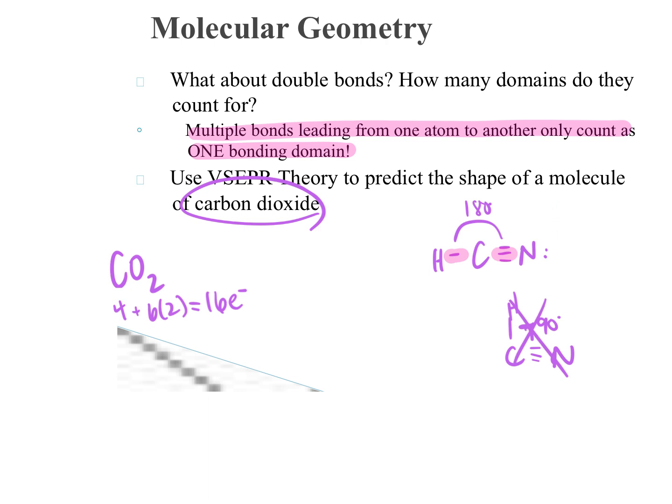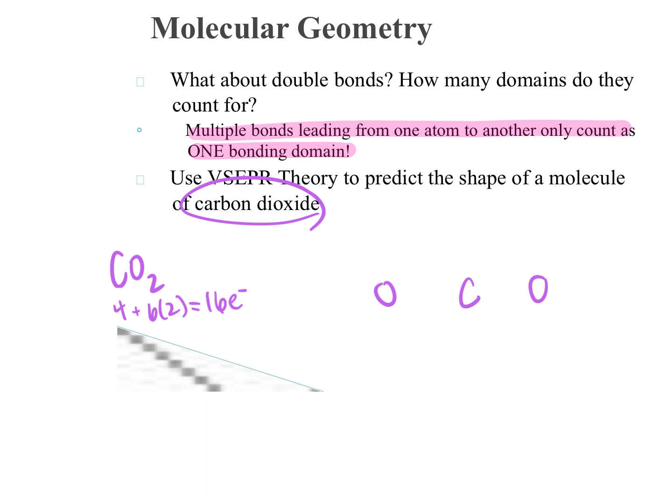So put C in the middle and O on both sides. I'm going to bond each. That's 2, 4, 6, 8, 10, 12, 14, 16. There's all my electrons. I've got them all on there.